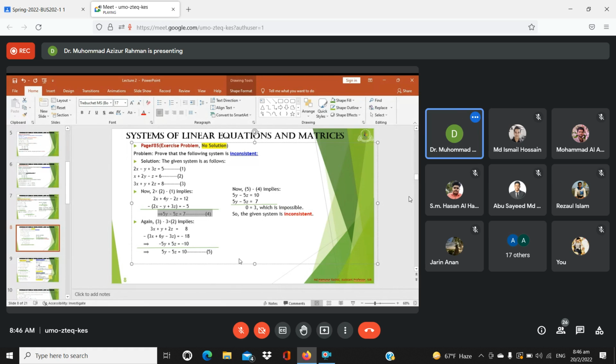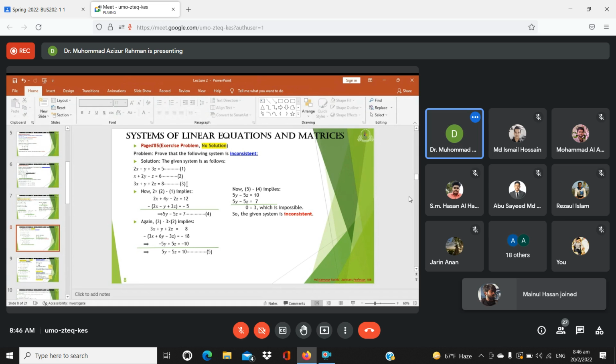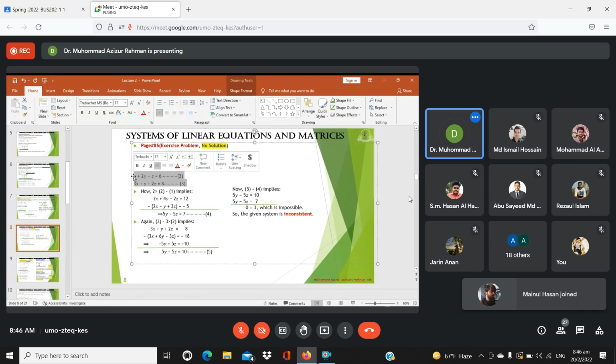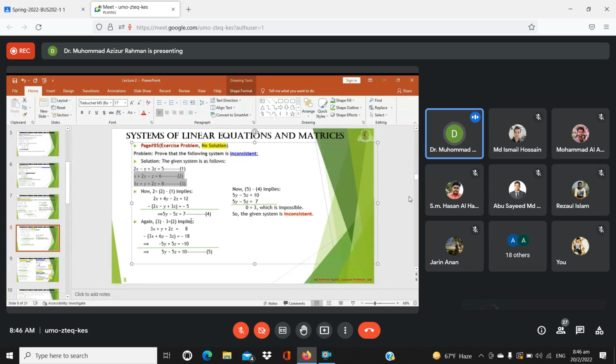Now you can use another two equations, 3 and equation 2. For these two equations, you have to eliminate the same variable, that means eliminate x. So what should you do if you want to eliminate x?